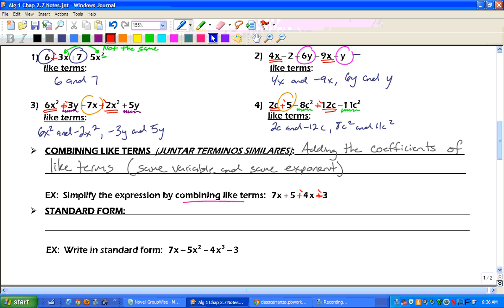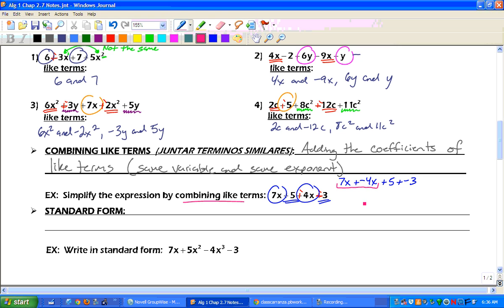Go through and do my click, click. Now my like terms are the 7x plus the negative 4x and then the 5 plus the negative 3. So what we're going to do is combine those.